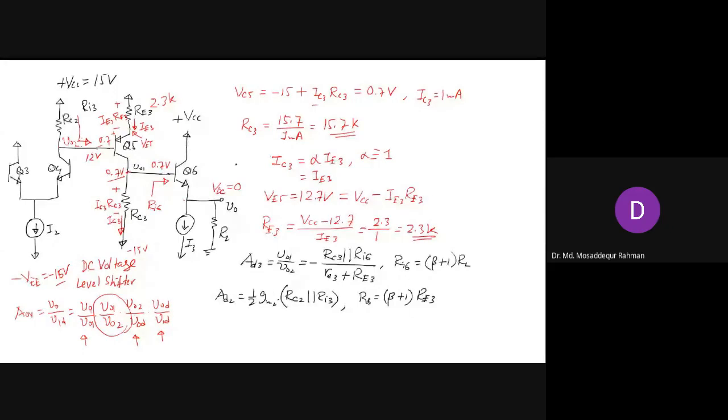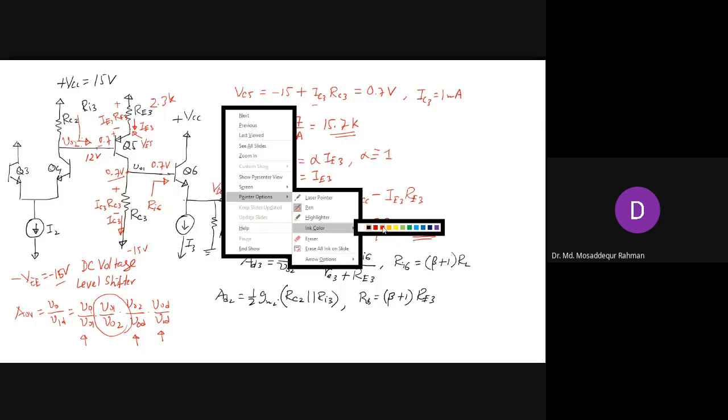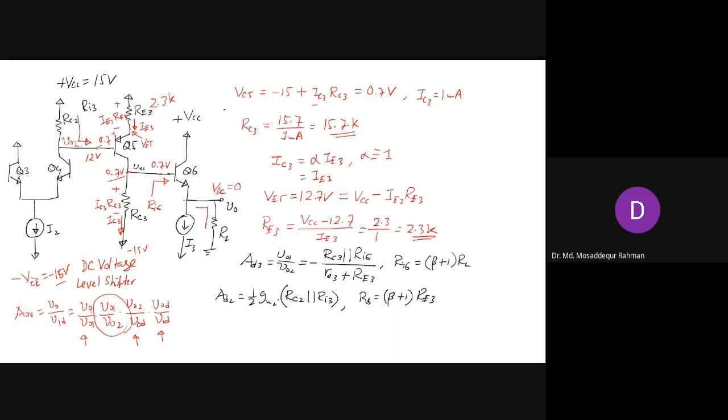The other parameters that might be of interest here: input resistance, we have already addressed. The other one is the output resistance, that we look at from the load side, R naught, right?